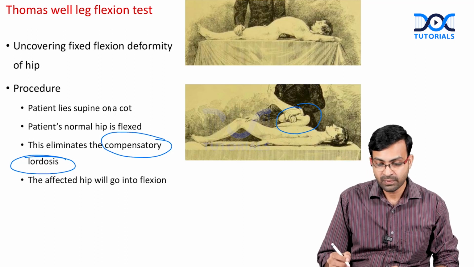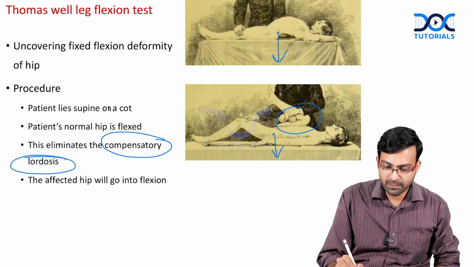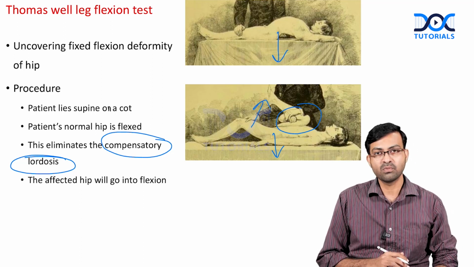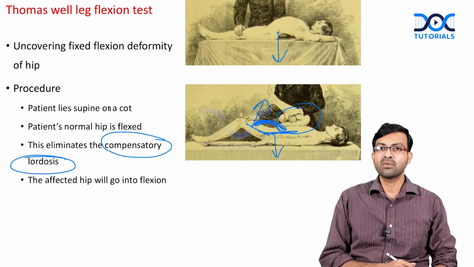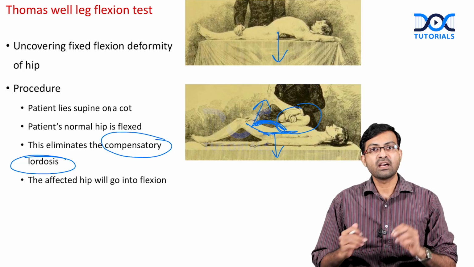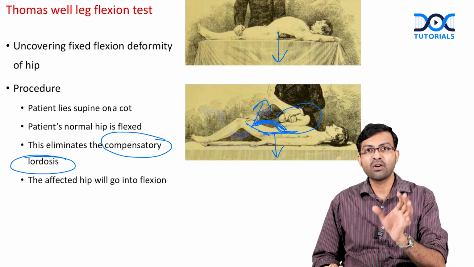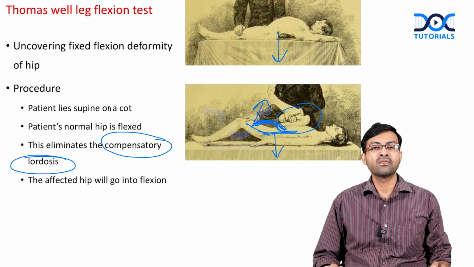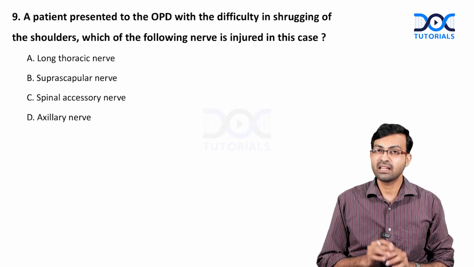When you do that, the pelvis is brought down to its normal position and the thigh will move up, clearly unmasking the flexion deformity here. So that is what you do in Thomas test. We are doing a hyperflexion of the well leg. That is why it is called the Thomas well leg flexion test for unmasking the flexion deformity of a hip joint. Okay.